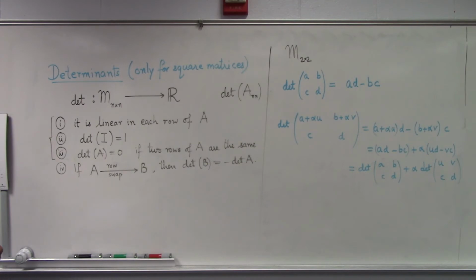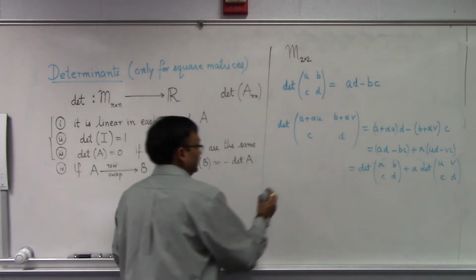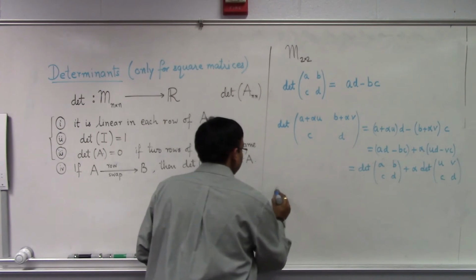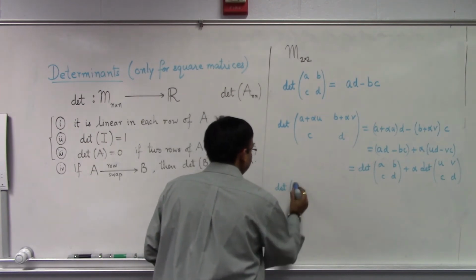You can similarly prove the linearity in the second row. So of course, this function satisfies the first property. It is linear in each row. Even though I have shown it only for the first row, the same idea works for the second row.